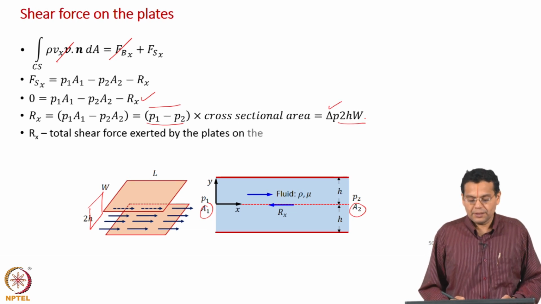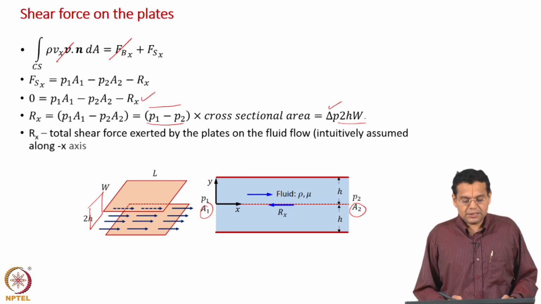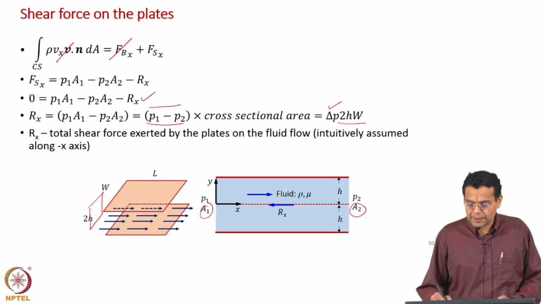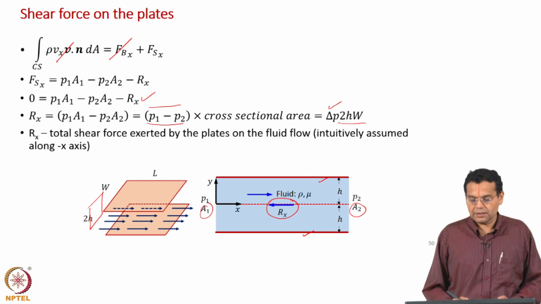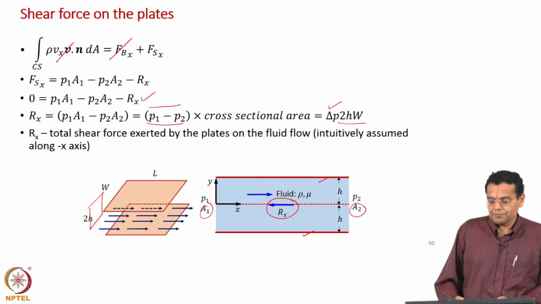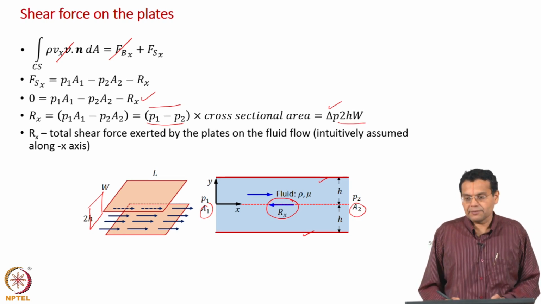earlier also. And what does it represent? Total shear force exerted by the plates on the fluid, and what is the direction? Remember, we have taken Rx along the negative x axis. So, this is the total shear force exerted by the plates on the fluid flow along the negative x axis.